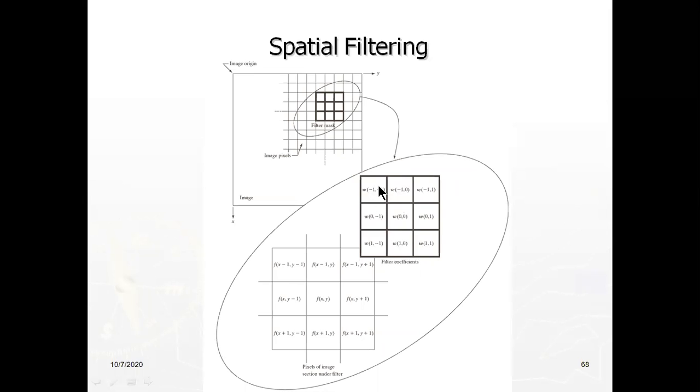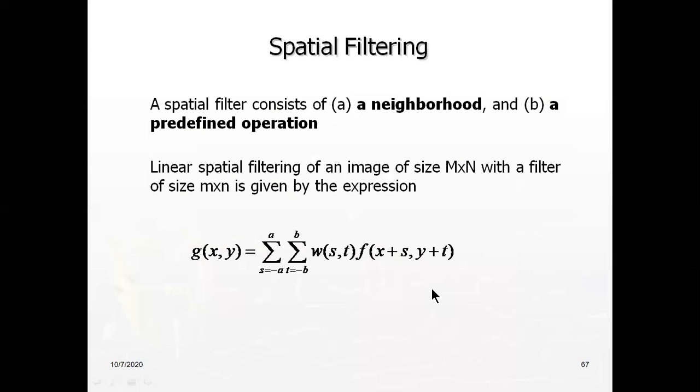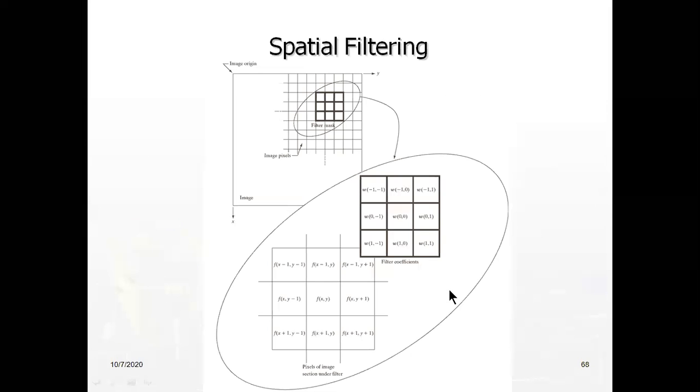Then you multiply the corresponding quantities and get the final result and put it over here. That means consider these points, give a weightage for that, multiply and find the correlation, and substitute in place of the corresponding pixel.